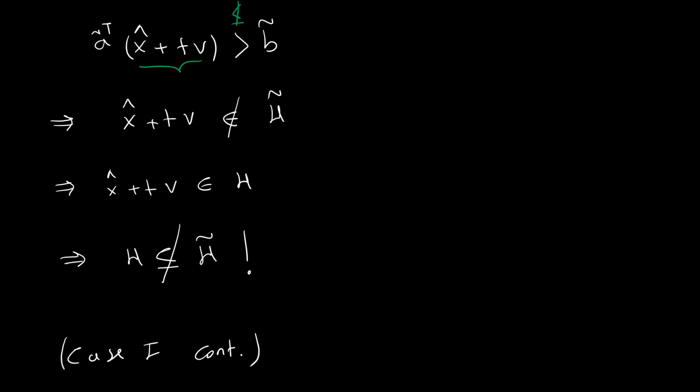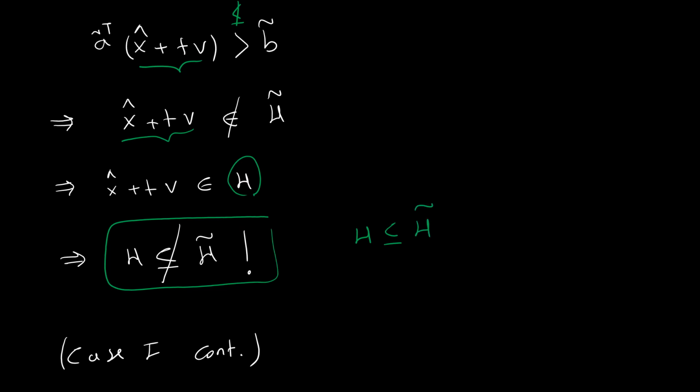And once we violate that inequality, we have a point that is not in H tilde, but it is in H. And we have this statement which is a contradiction to what we assumed, that H is contained in H tilde, and that concludes the first case. In the next slides, we are going to handle the second case.